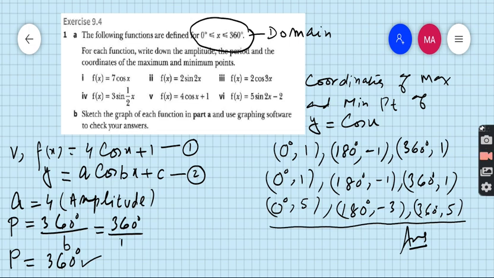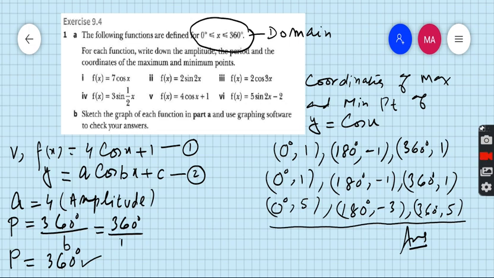So the requirement of part A has been fulfilled. The amplitude is 4, the period is 360 degree, and the coordinates of the maximum and minimum points are (0 degree, 5), (180 degree, minus 3), and (360 degree, 5).